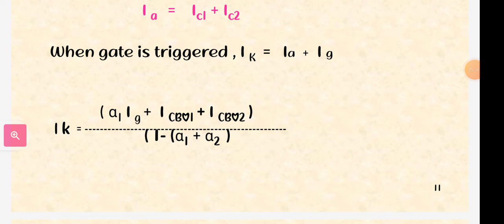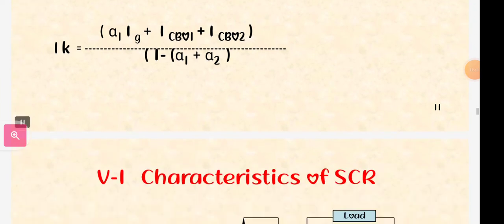These are the current gains. So in the two transistor analogy, the cathode current is alpha 1 IG plus the common base currents of transistors 1 and 2, divided by 1 minus (alpha 1 plus alpha 2).